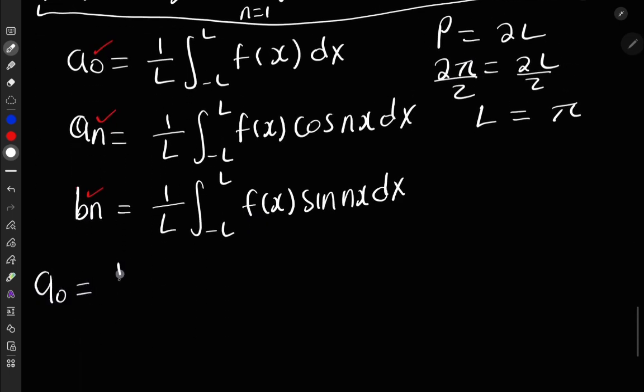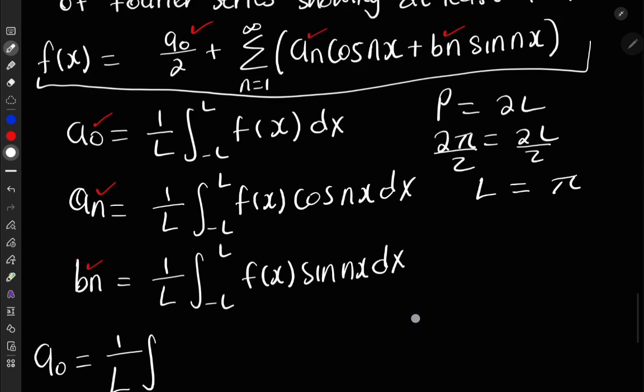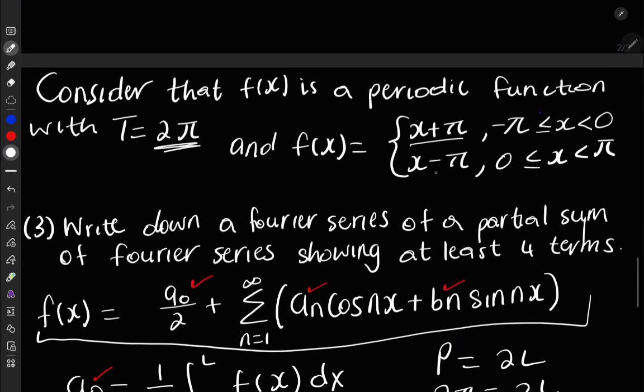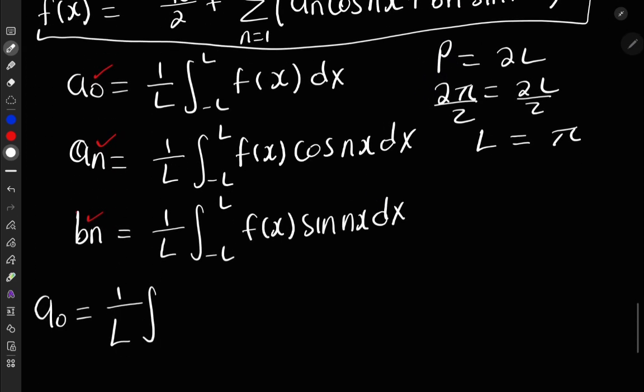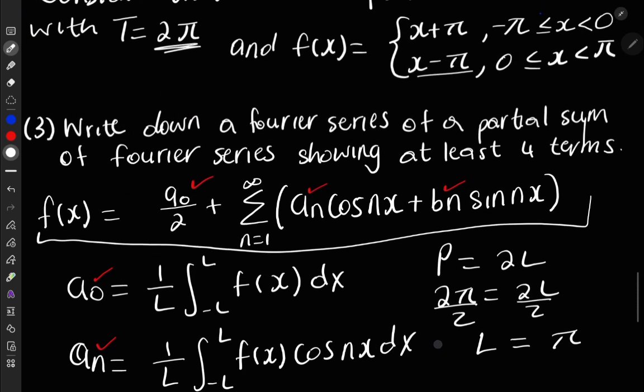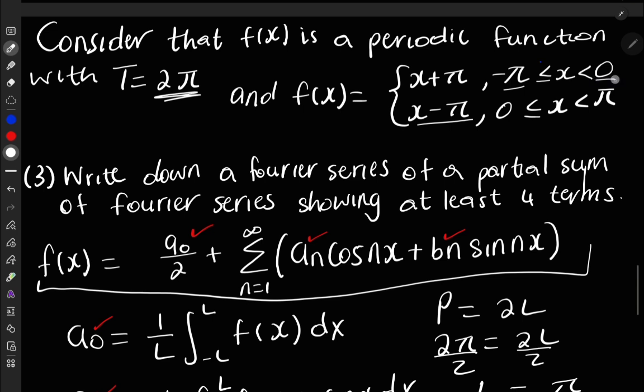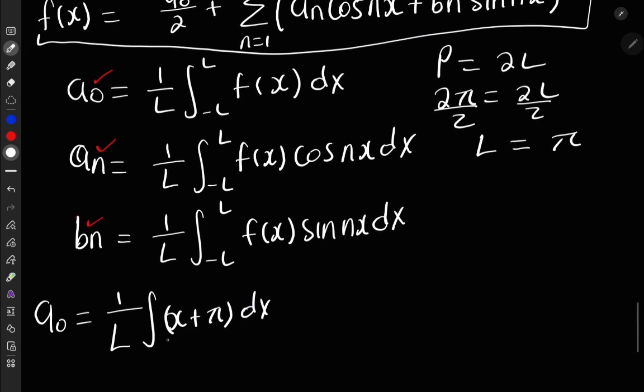a0 is equal to 1 over L integration from. Now there we have two functions, this one and this one. You're going to start with the upper one, which is x plus pi, dx, and you see it starts from negative pi up to 0.